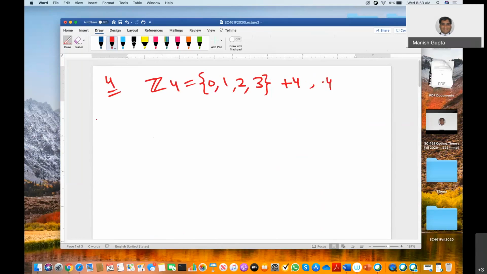So let us make a table, 0, 1, 2, 3, 0, 1, 2, 3. This is with respect to addition modulo 4.